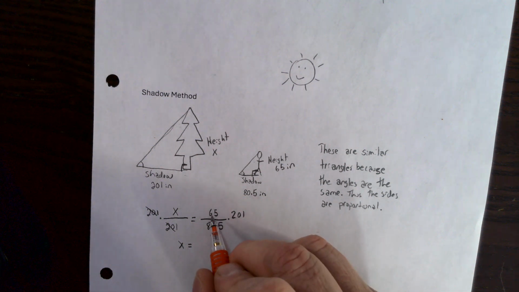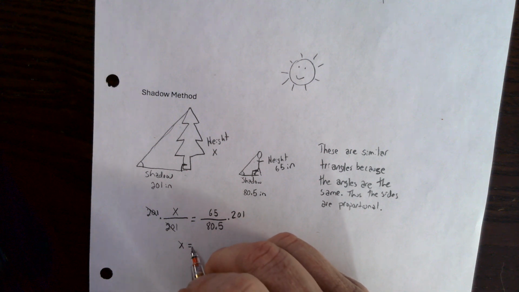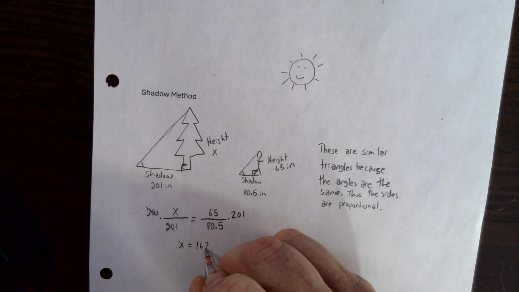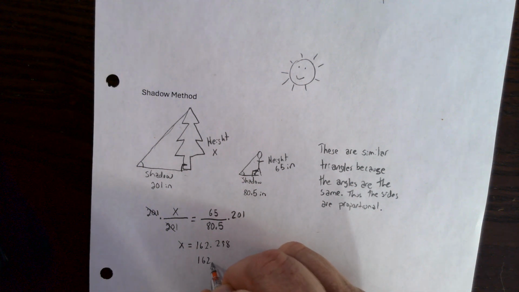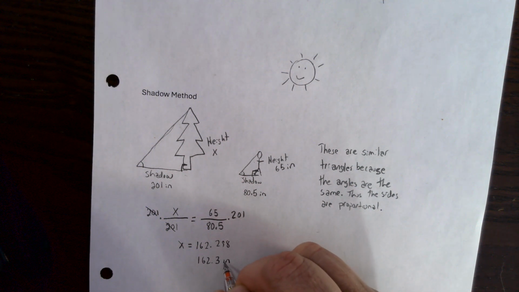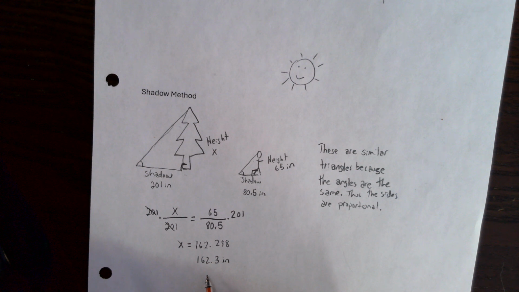And then if we do 65 times 201 divided by 80.5, if you do that math, you'll get 162.298, which is about 162.3 inches. If we want to get that into feet, we can divide that by 12.